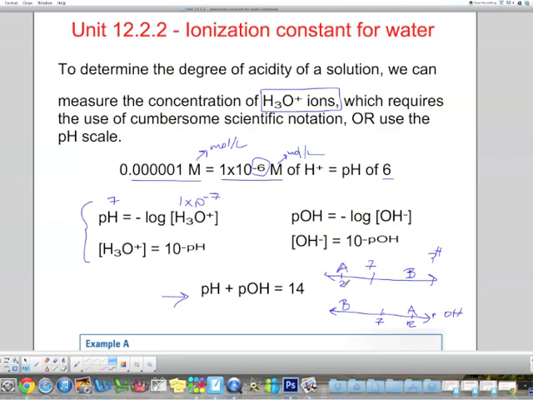Now 12 plus 2 gives me 14. So every time I go back and forth between the two scales, the sum of the pH and the pOH, because these two are basically equivalent depending on which scale I use, but they are equivalent, the sum will always give me 14. So that's where this comes from.